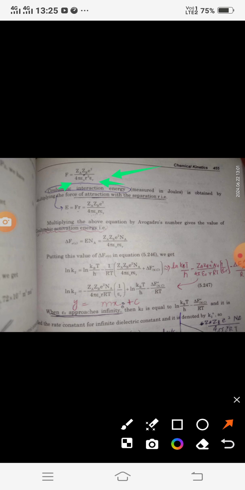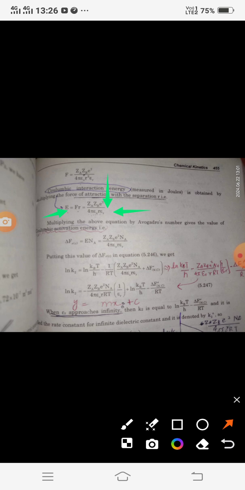So let's talk about the Coulombic interaction energy. We can find this energy by multiplying the force with the separation, the distance between the two charged particles. You can see that the Coulombic interaction energy is equal to F times r, generally the same equation coming down.